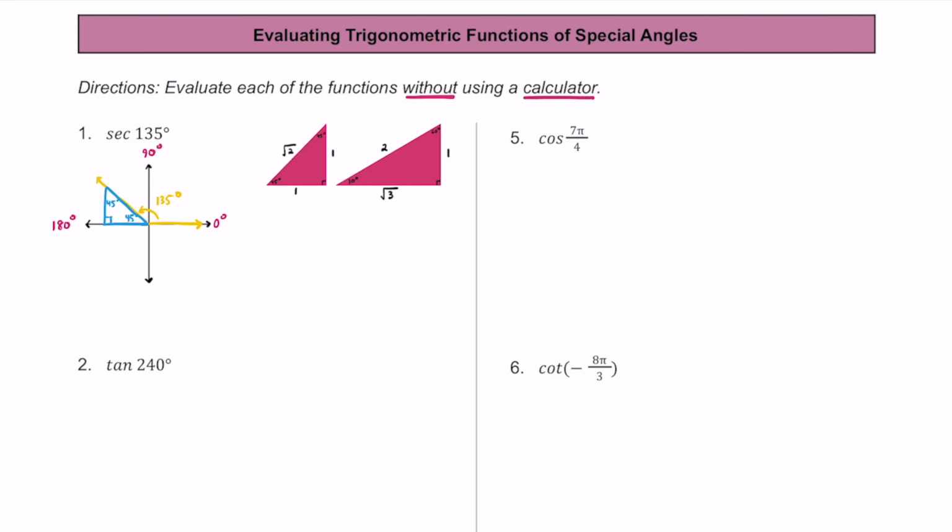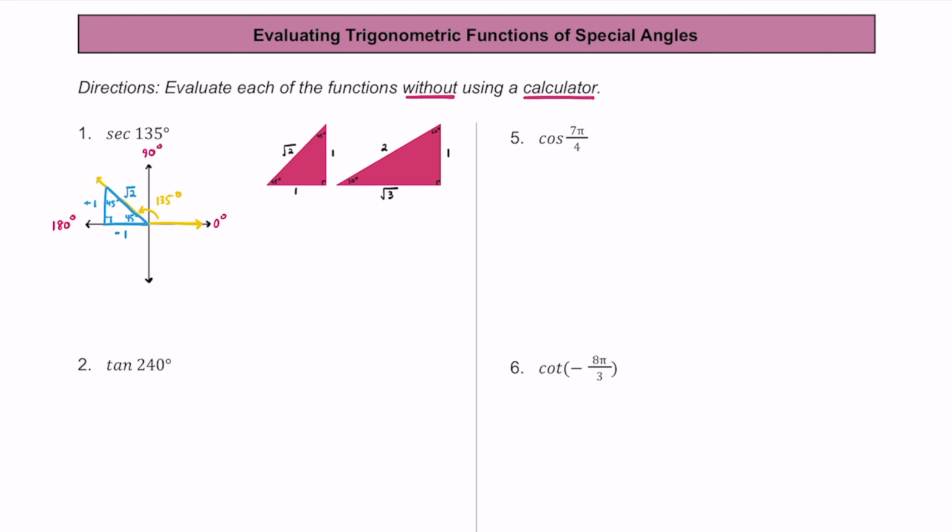So in quadrant 2, we have negative x value. So we should have a -1 for our x value here. We should have a +1 for our y value, because in quadrant 2, we have negative comma positive. And then our hypotenuse for this triangle is going to be the square root of 2.